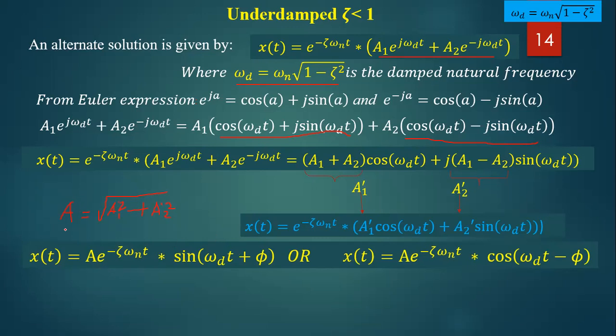So by defining this term and substituting it here, we get A times e to the minus zeta omega n t times sine of omega d t plus phi. Or in terms of cosine, we can define the solution like this. Or in terms of sine.